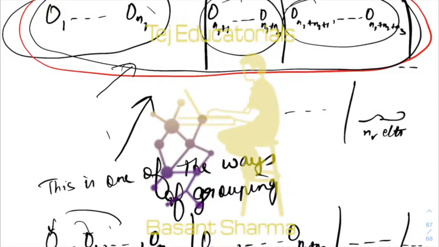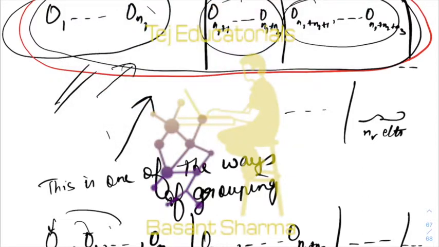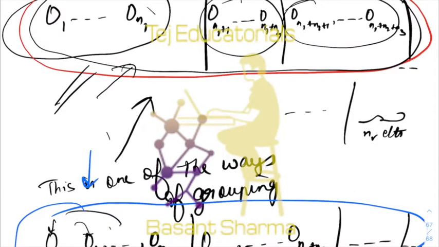But the red box and the blue box are exactly the same grouping, because in the beginning of the section on grouping, I said that within a group, it does not matter how the elements are arranged. What matters is what elements are going inside a group. Ordering is irrelevant.